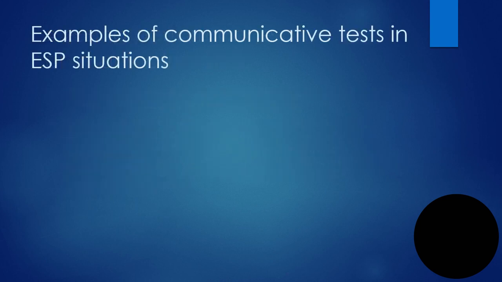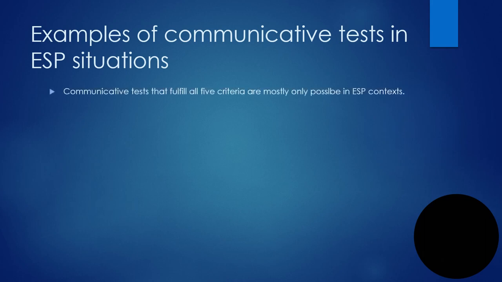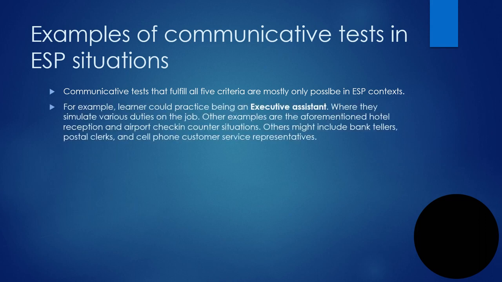Okay, as mentioned before, ESP, English for Specific Purposes. This is the one context that can often fulfill all 5 criteria. So, for example, a learner could practice being an executive assistant where they simulate various duties on that job.